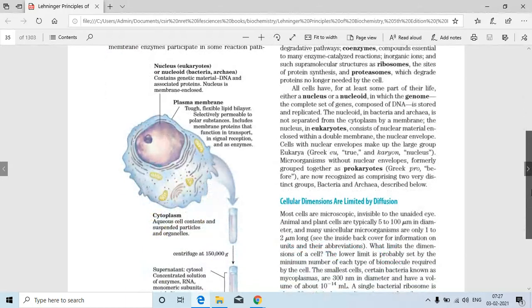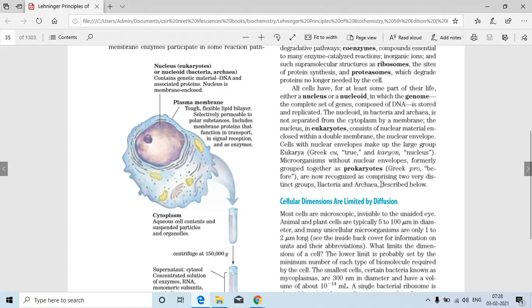Now, on the basis of the type of nucleus or nucleoid, the organisms are classified into two categories: eukaryotes and prokaryotes. Eu means true and karyon means nucleus, whereas pro means beginning and karyon means nucleus. Eukaryotes consist of nuclear material enclosed within a double membrane, which is called a nuclear envelope.